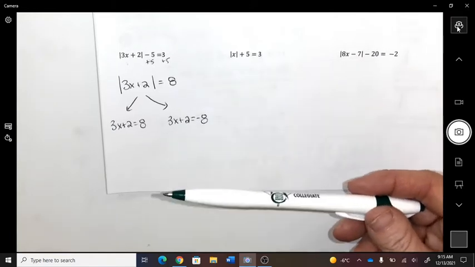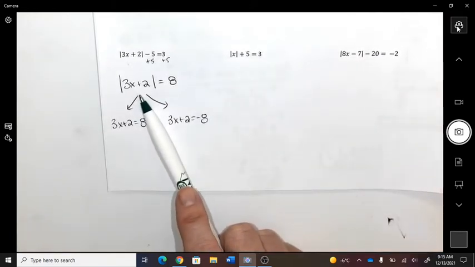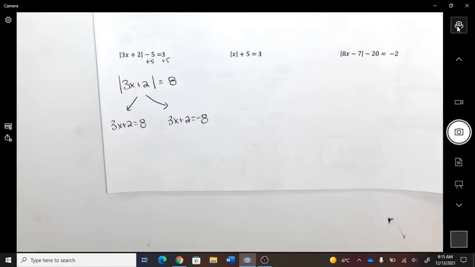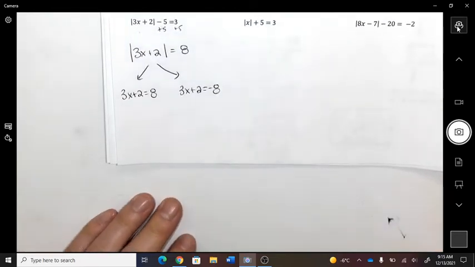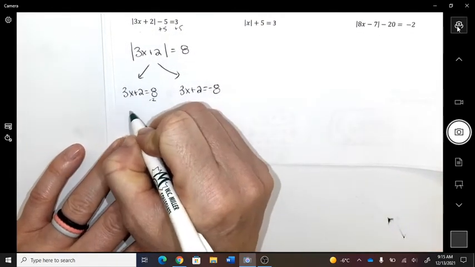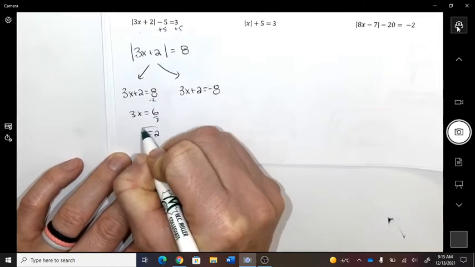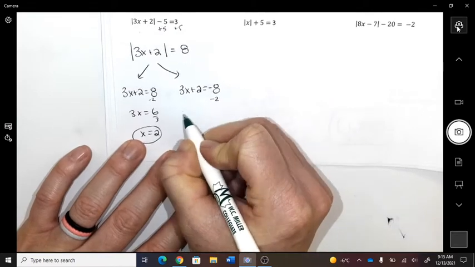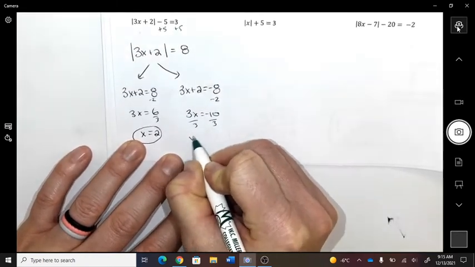You have to do your splitting up once you have this absolute value alone. Okay, so now it's just some algebra. Subtract 2, divide by 3, subtract 2, divide by 3.